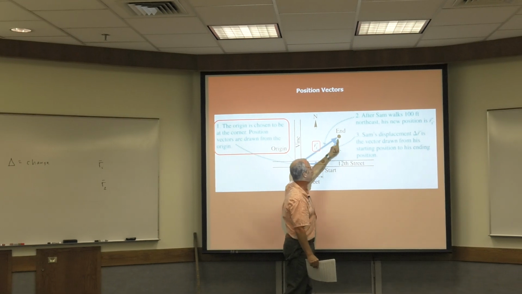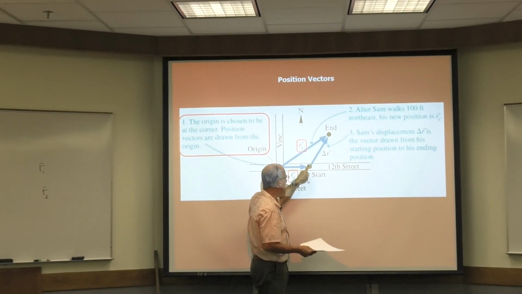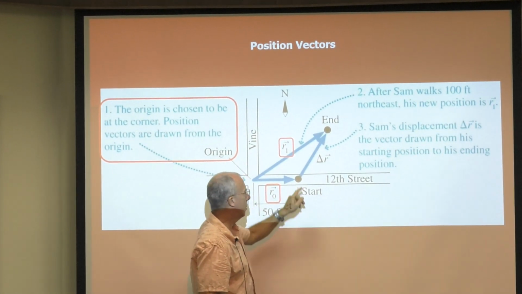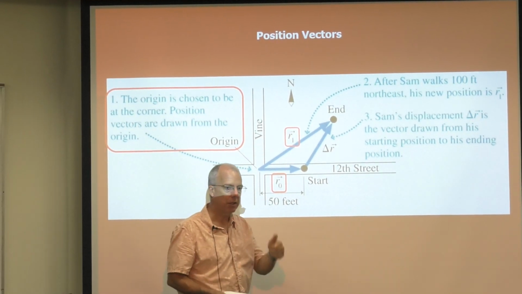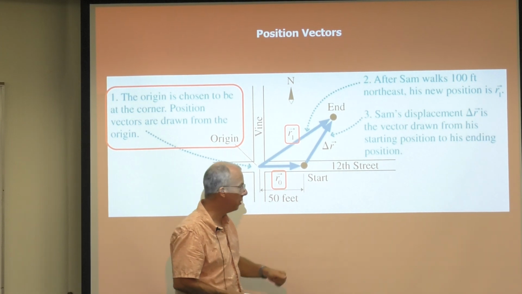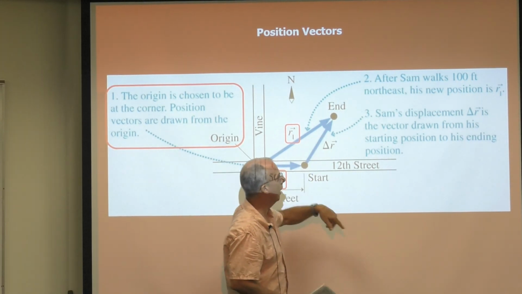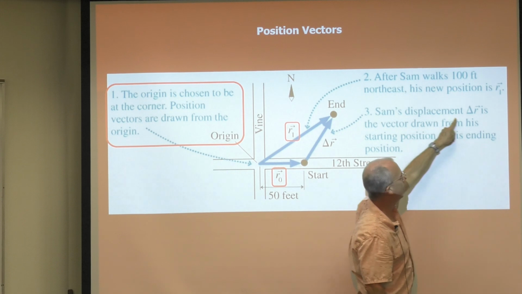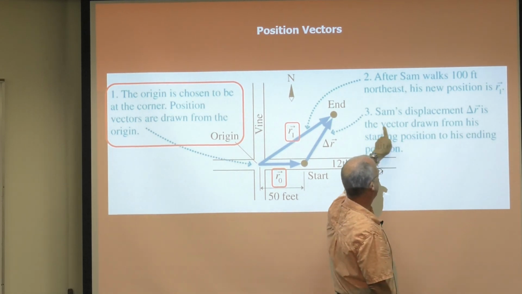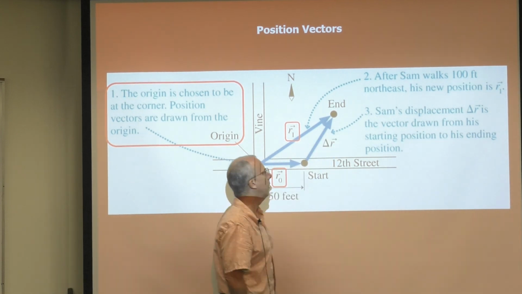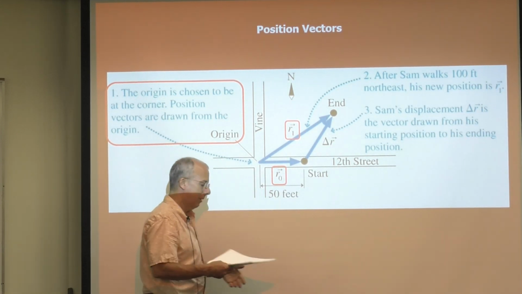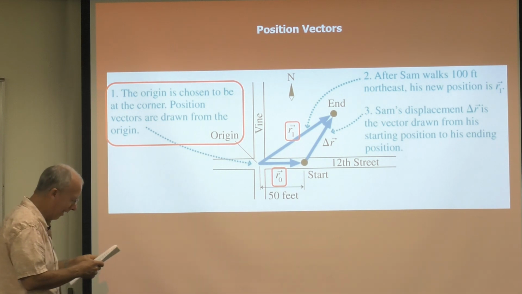This is the final position vector. But what's really going on is he's walking from here to here. So his displacement, that means change of position, is from here to here. So Sam's displacement, delta R, is the vector drawn from his starting point to his ending point. That's really all there is to it.